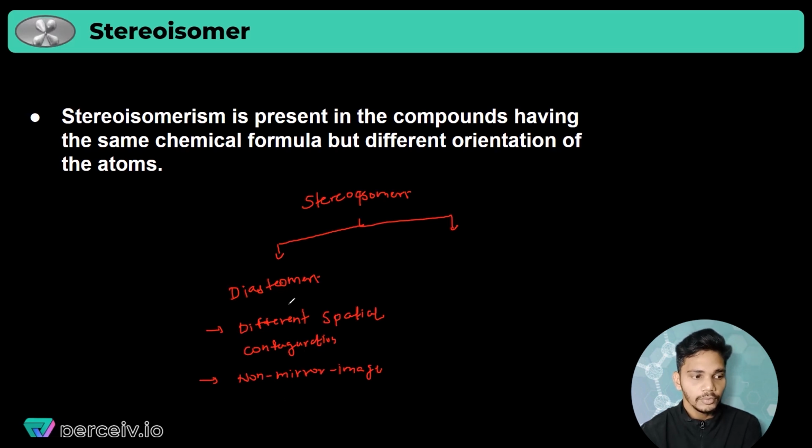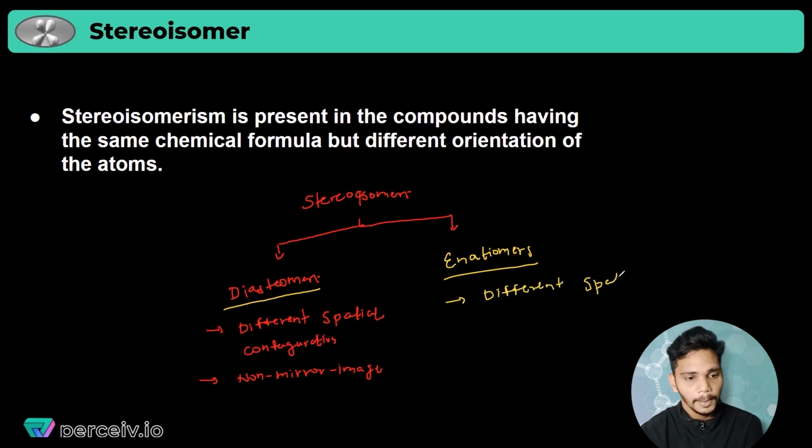Besides diastereomers, the stereoisomers are also classified into enantiomers, and today we are focusing on this topic, enantiomers. So what are enantiomers? They also exhibit a different spatial arrangement, or we can say configuration.